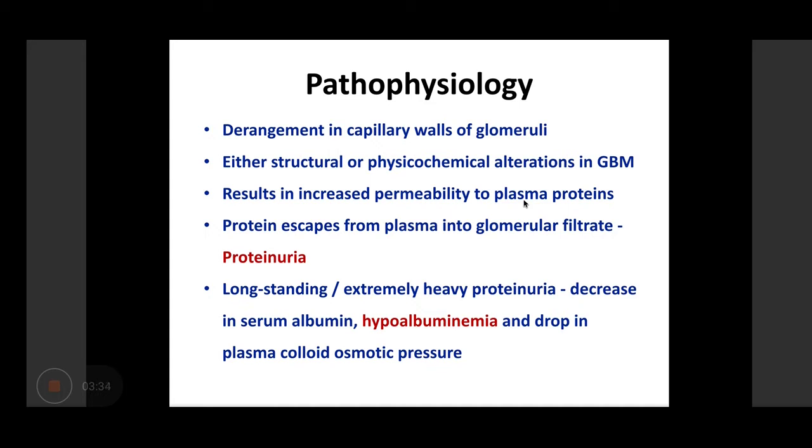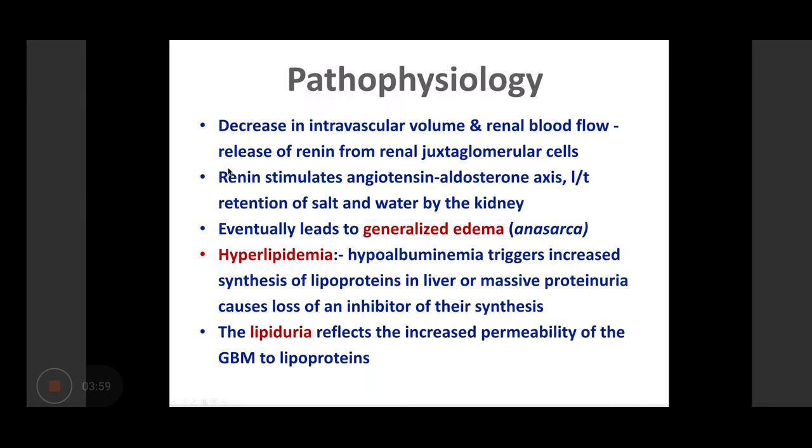So with the increase in the permeability, a lot of proteins escape from the plasma into the glomerular filtrate, producing the condition of proteinuria. And when this proteinuria is of long standing or is extremely heavy, it results in decrease in serum albumin level, which is called hypoalbuminemia, and a drop in the plasma colloidal osmotic pressure.